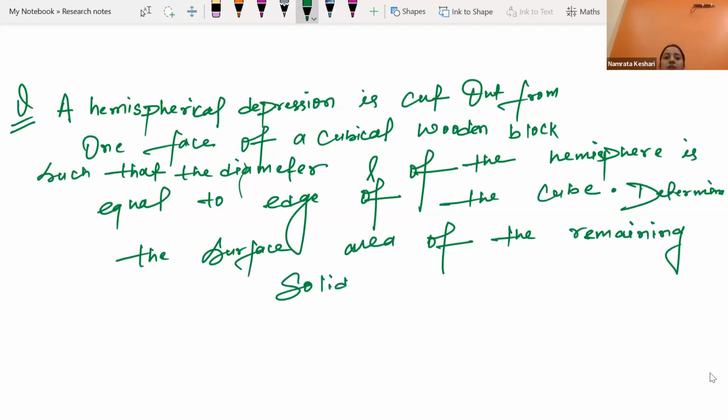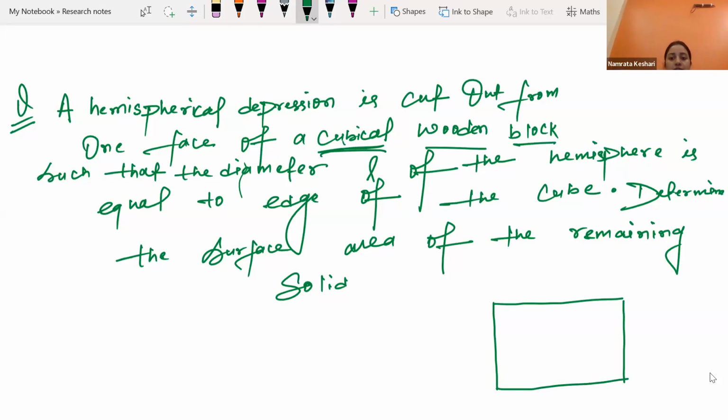Okay, a hemispherical depression is cut out from one face of a cubical wooden block. Depression means we understand the depression like this will be there, which we were discussing in the last class as well. So we are having a cube shape at first.